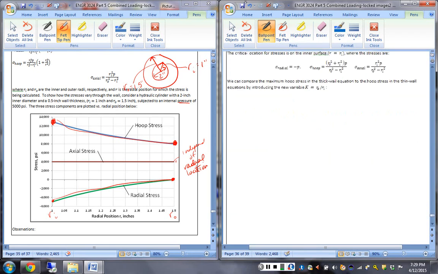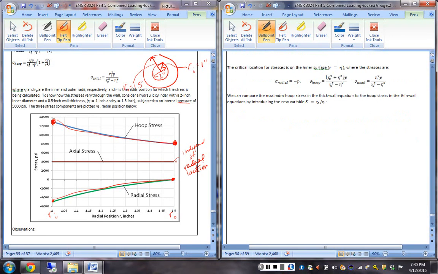If we want to look at where our worst case scenario is, it is at the inner surface.